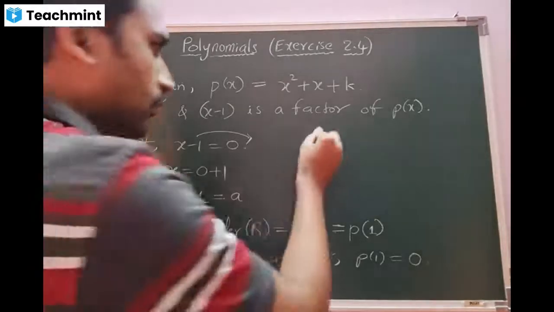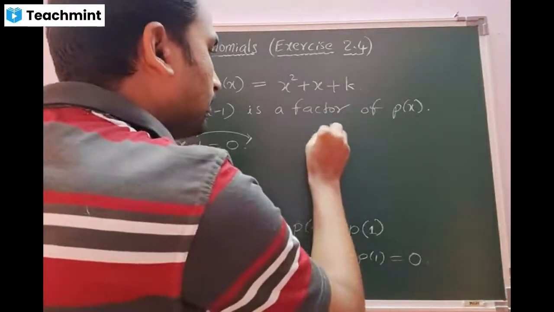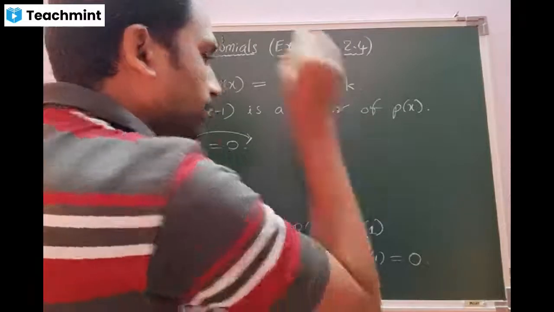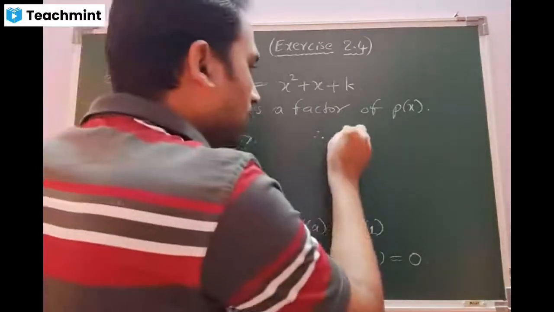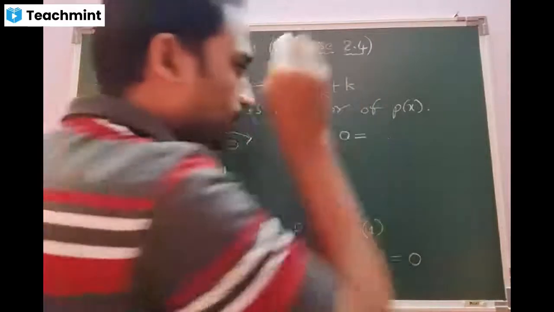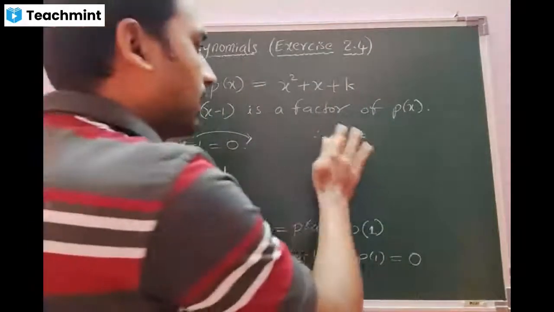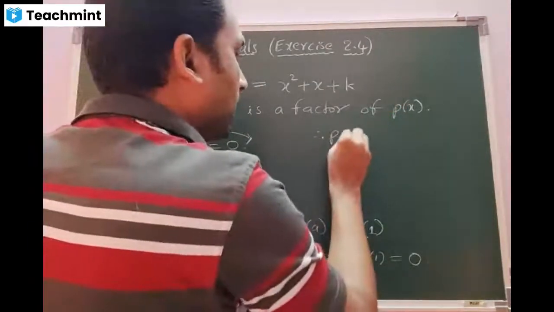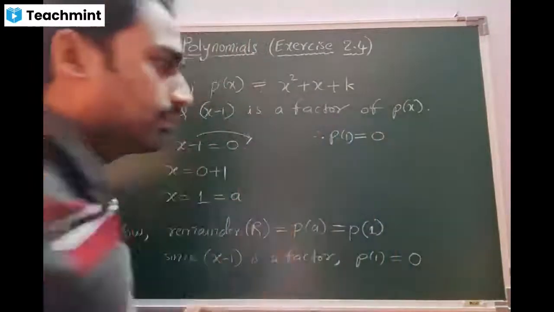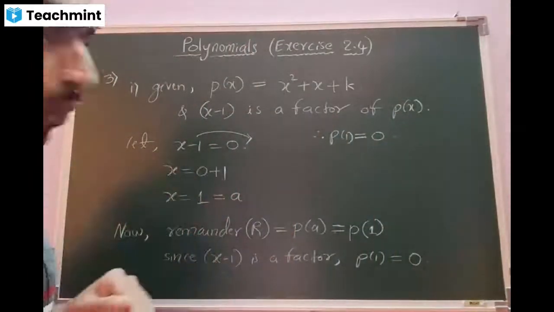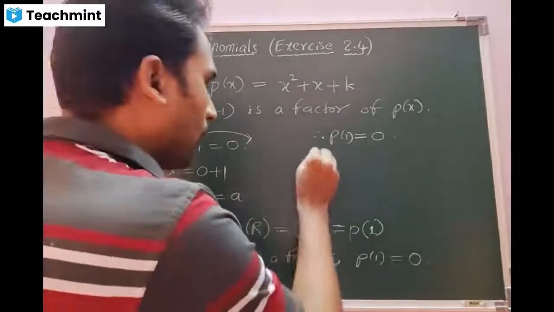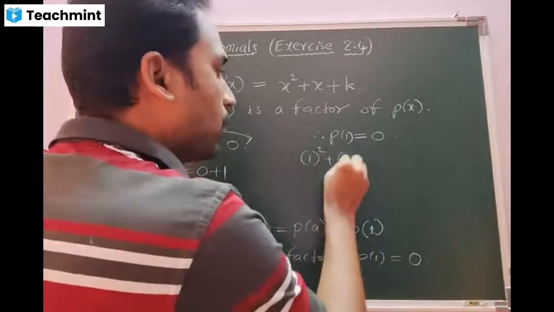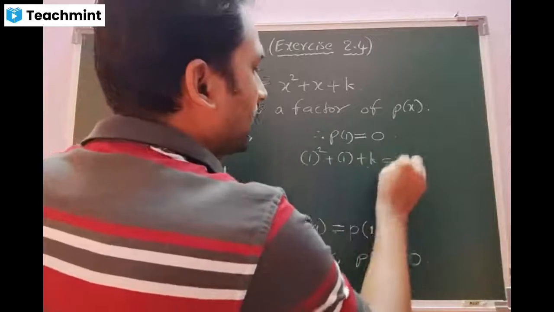Therefore, p of 1 is equal to 0. This value 1 I have to put here. So 1 squared plus 1 plus k is equal to 0.